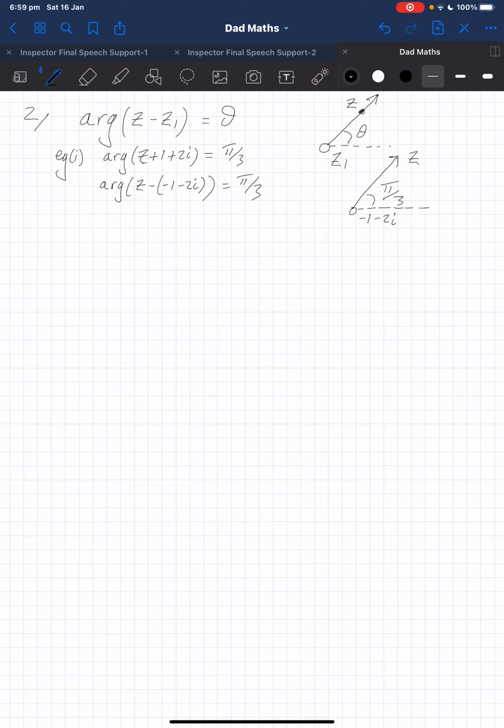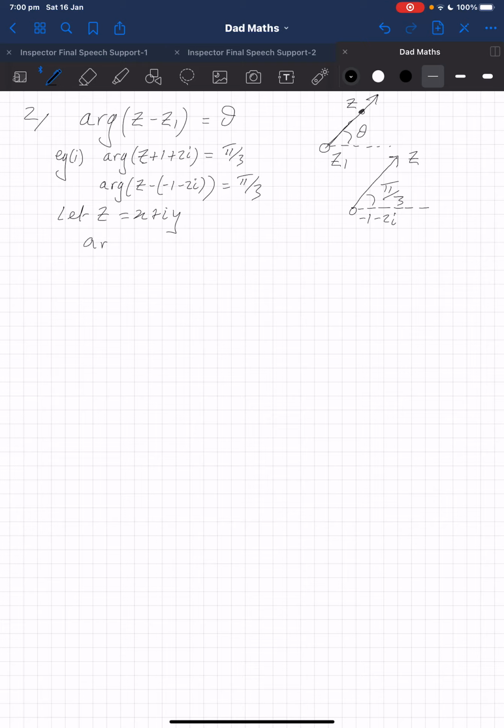Or if you want to, we can actually get the equation of the line on which z lies, although remember that the Cartesian equation will give us the whole line, whereas what we actually want is the half line. How we get the Cartesian equation is that we let the variable z equal x plus iy, converting the real axis to an x-axis and the imaginary axis to a y-axis.